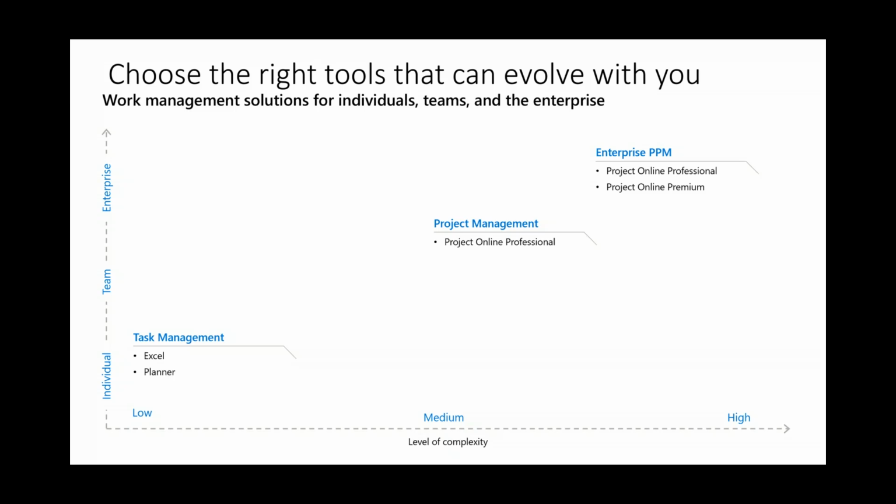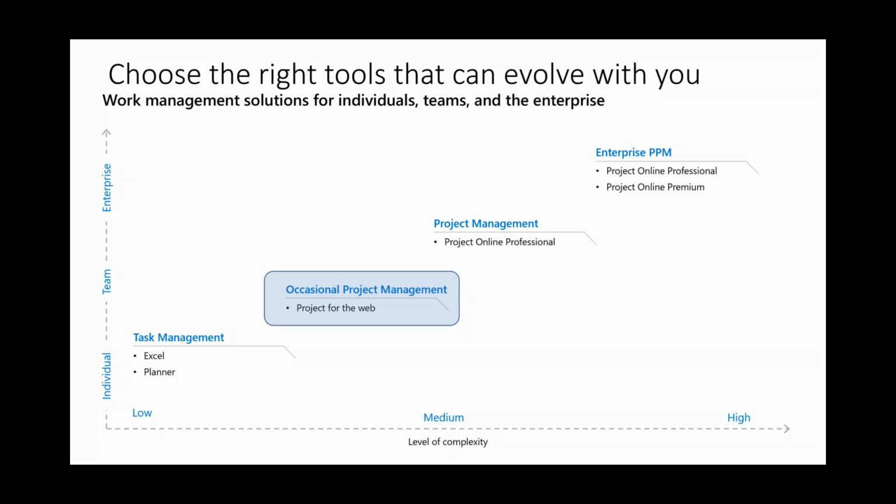So what Microsoft recognized is that there's a gap between simple task management tools and robust project management tools. So insert Project for the Web in between those, for the occasional project manager, someone who's just trying to get things done, maybe self-organizing a team, but isn't a professional project manager.